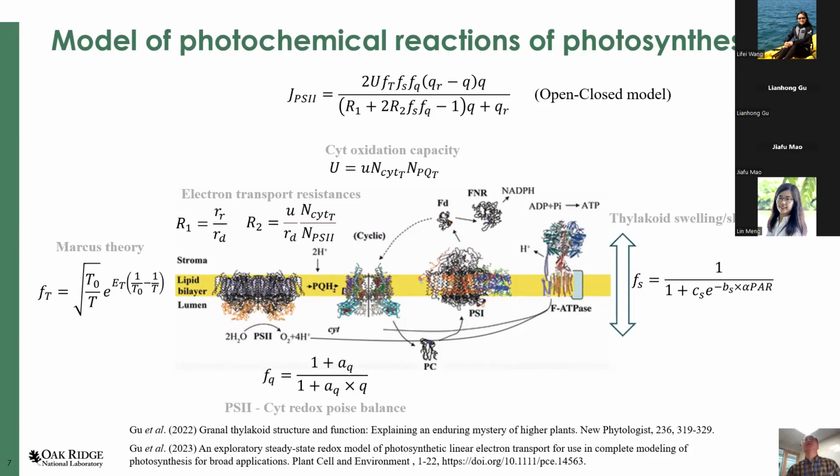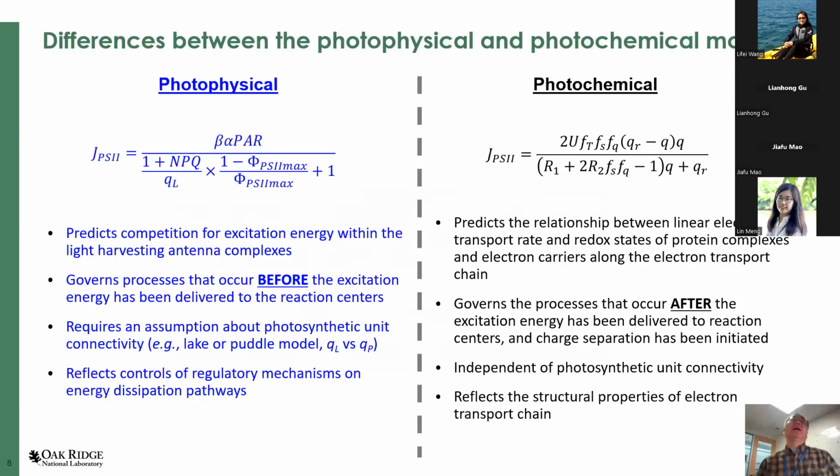The light-induced thylakoid swelling and shrinking, the dependence of redox reactions on temperature according to the Marcus theory of electron transfer in proteins, and the redox poise balance between photosystem 2 and the cytochrome b6f complex, which is under the photosynthetic control.